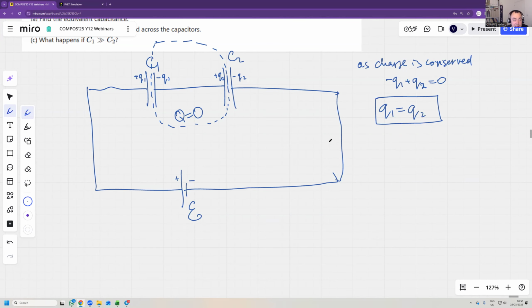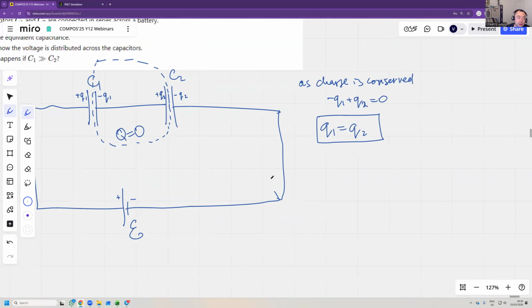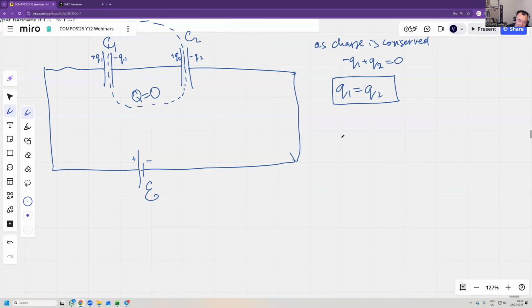Now we know that if we replace this with an equivalent capacitor, with capacitance, which is just equal to Q over... So we also know that V1 plus V2 is EMF.